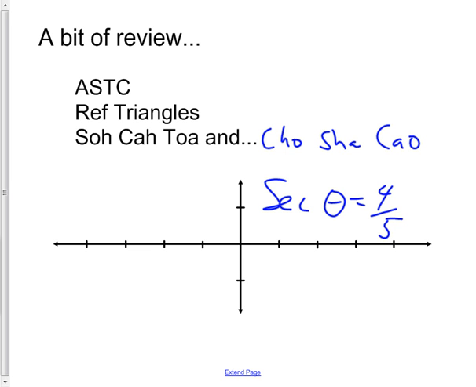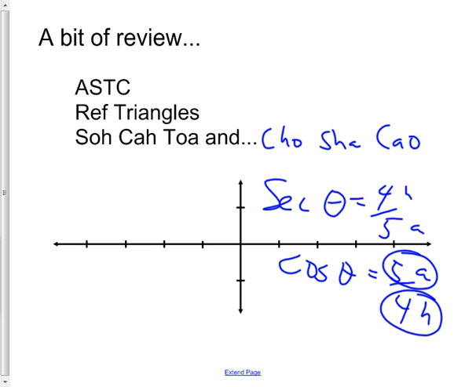Well, if you look at this, you'll know it's SHA, hypotenuse over adjacent. If you don't want to do it that way, you can say, well, just as good as that is cosine of theta would be 5/4. And cosine is CAH, adjacent over hypotenuse, but you're still telling me that 5 is the adjacent and 4 is the hypotenuse. And doing it this way is faster. Either way is fine. Whatever works for you.